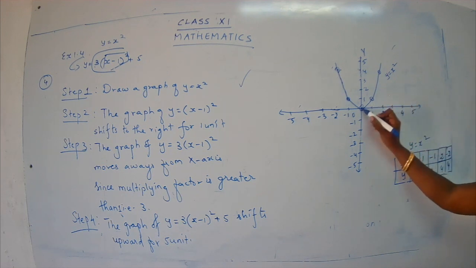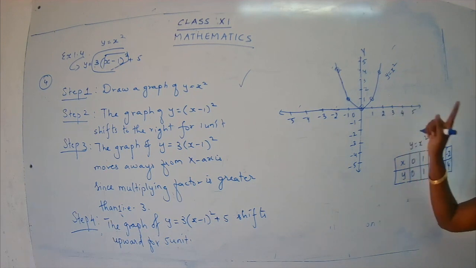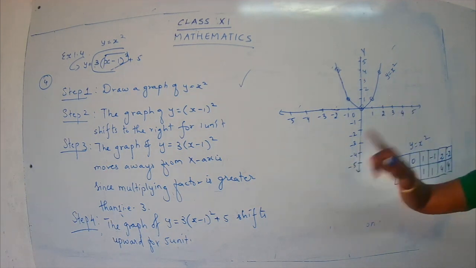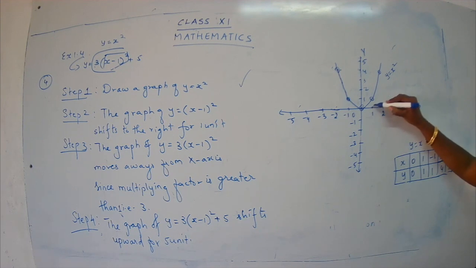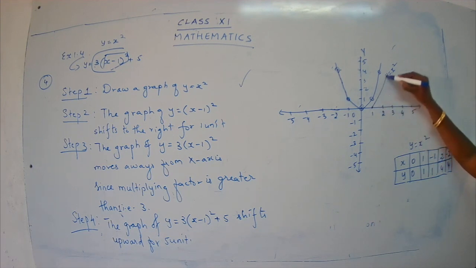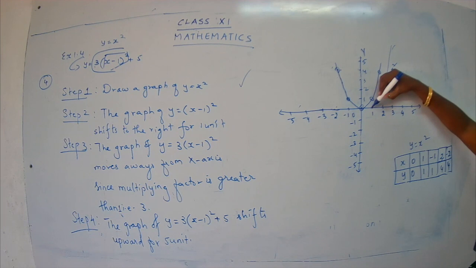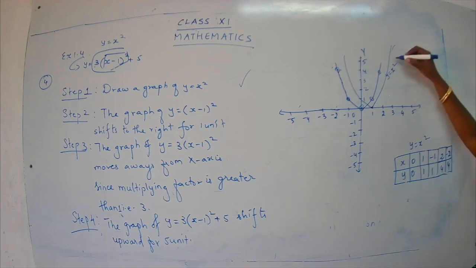Yes, children, somewhere here. So from 0, where is it shifting to? It is shifting to the right for how many units? For 1 unit, just one unit. So now the new graph is somewhat here. Just increase it and here it will come like this. So from 0 it goes here, yes. So shift to the right.